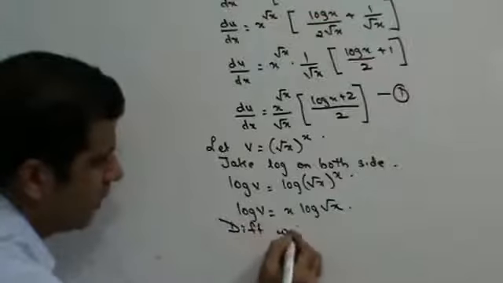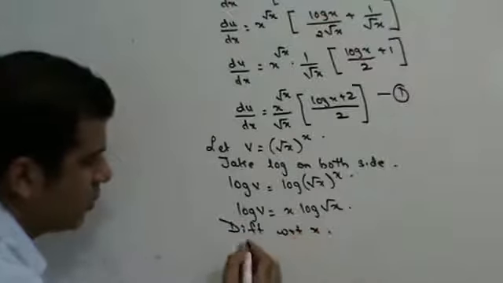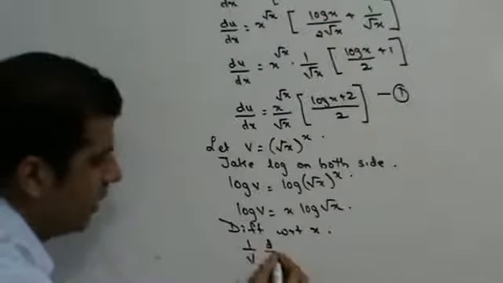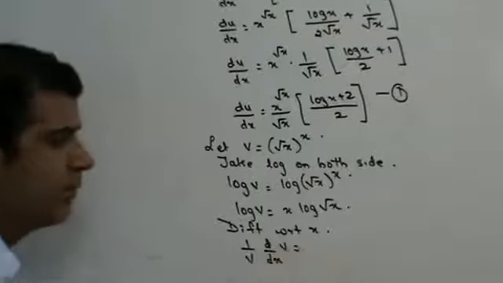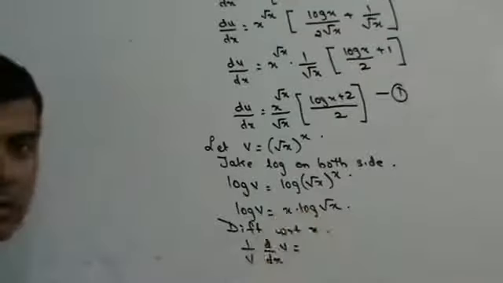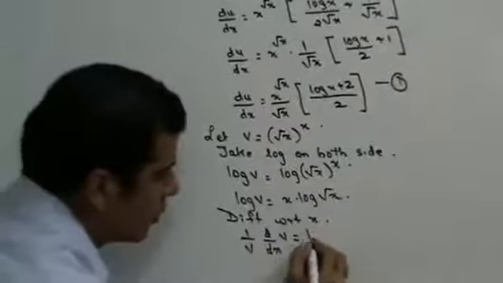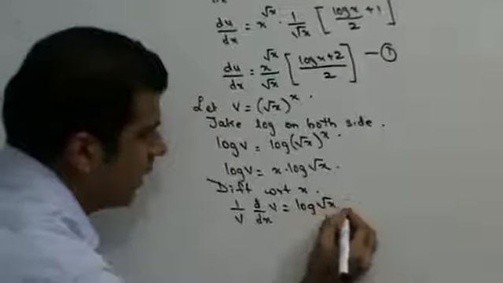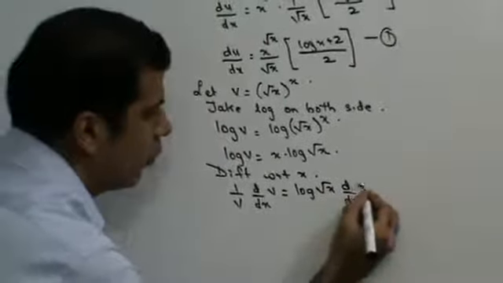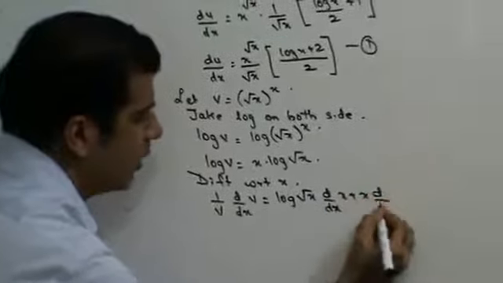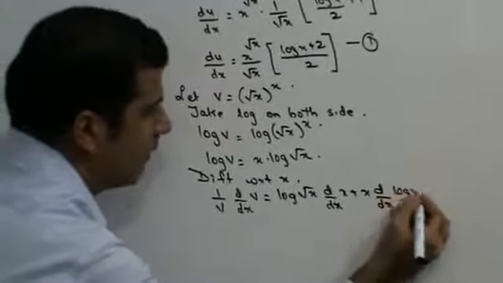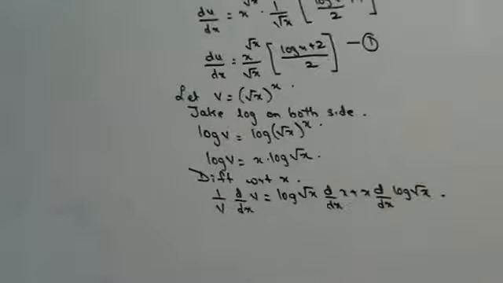Differentiate with respect to x. So this will be 1 upon v d by dx of v. Here you will use the uv formula. So this is v derivative of u plus u derivative of v. Right?